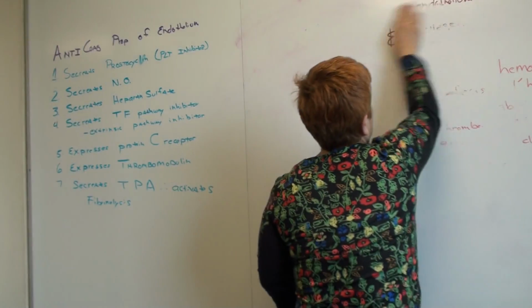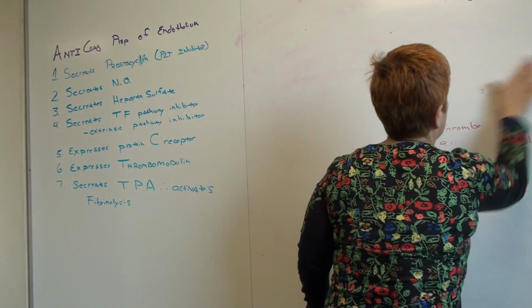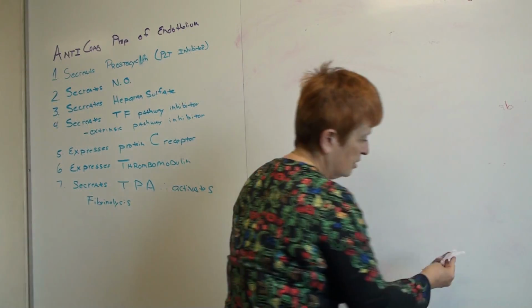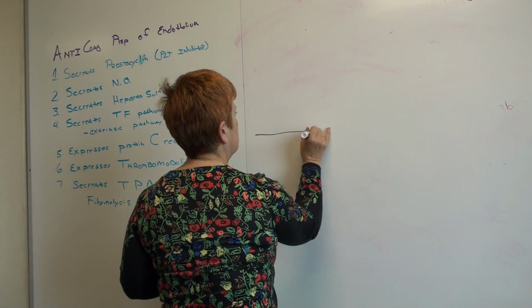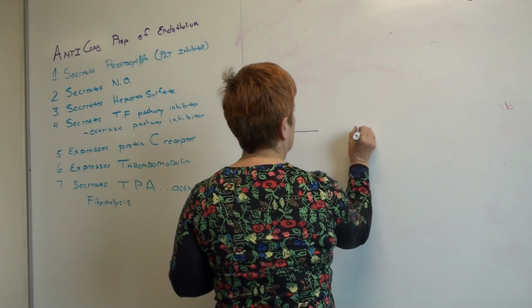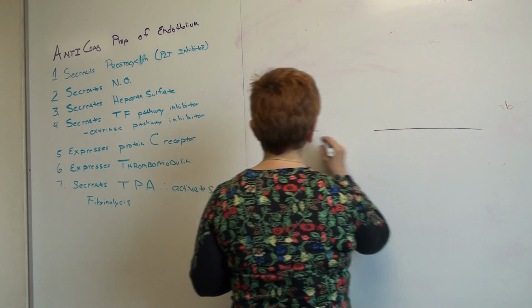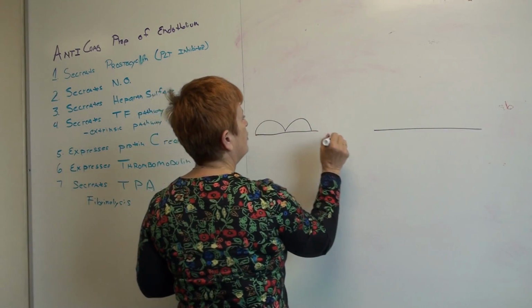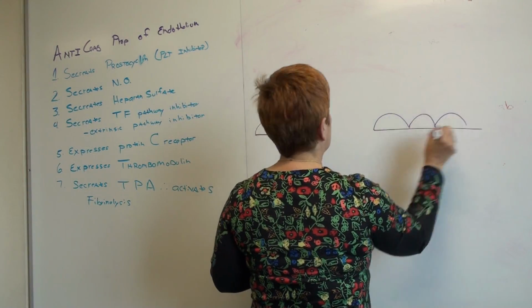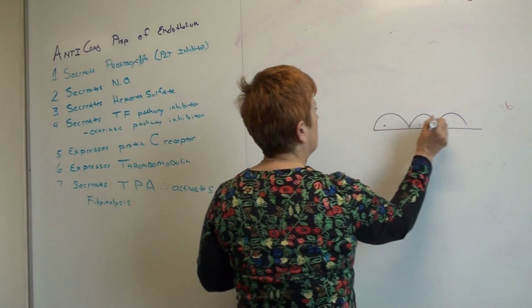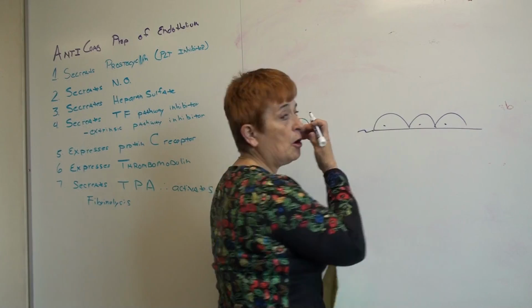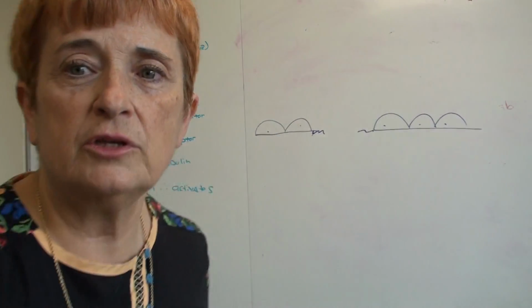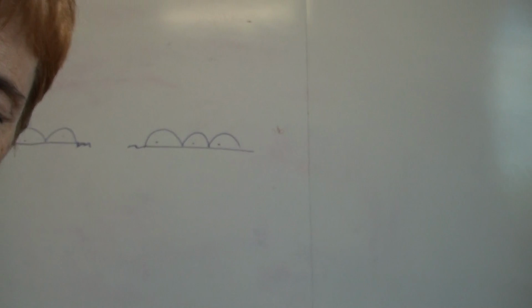Well, right, if I have my, and these are my cells, endothelial cells. And I have a hole, right? Or I got a hole there from, let me turn this way. Hopefully.